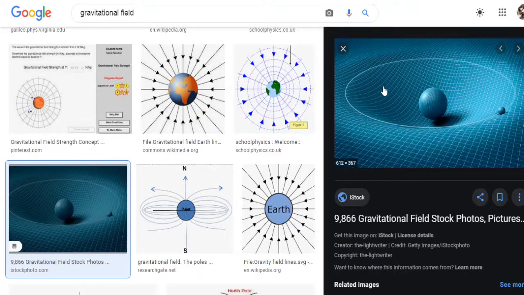So there is something around the massive body we can imagine, and that is called gravitational field. Because of this gravitational field, the smaller planet tries to go toward the sun. So that field provides the sense.